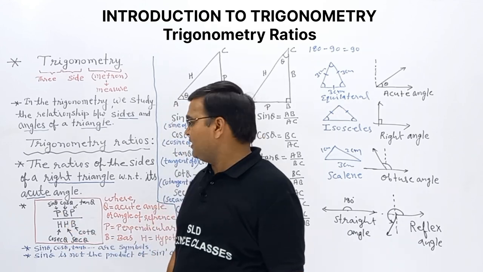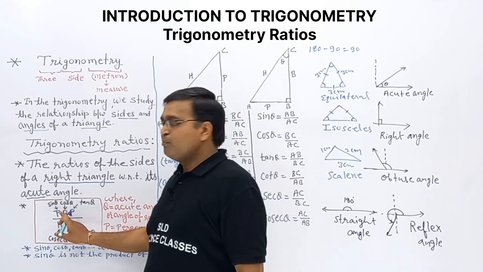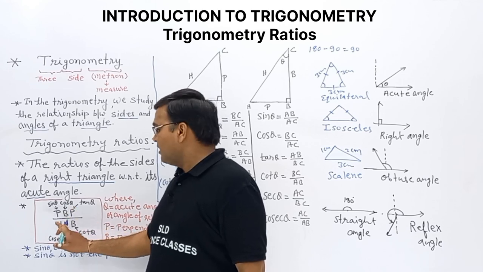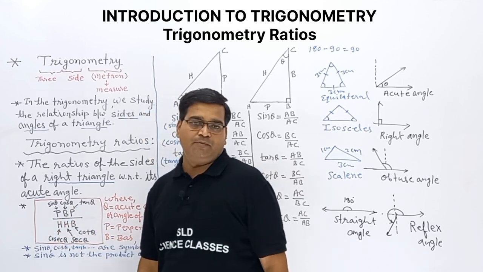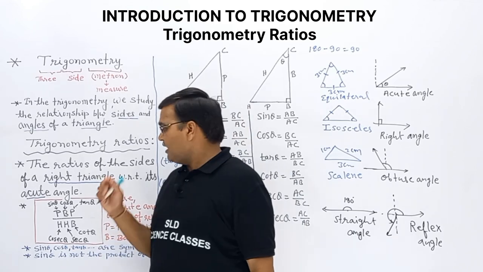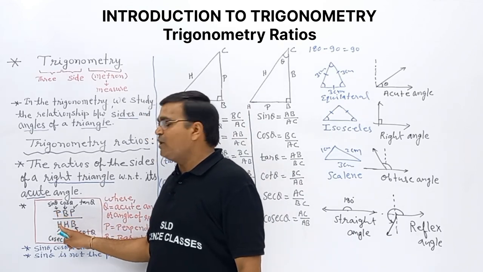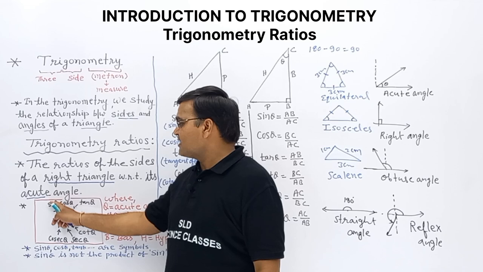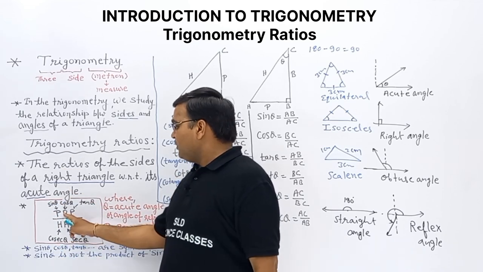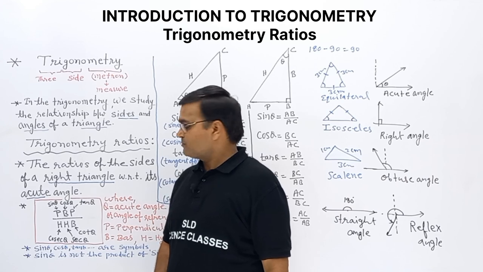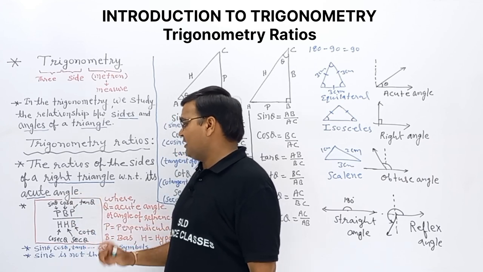How will we memorize this one? Pandit Buddhi Prakash, Hari Hari Bol. So we can understand Pandit P to H will be what? Sin theta, and its reciprocal will be what? Cosec theta. B to H will be cos theta, and its reciprocal will be what? Sec theta.